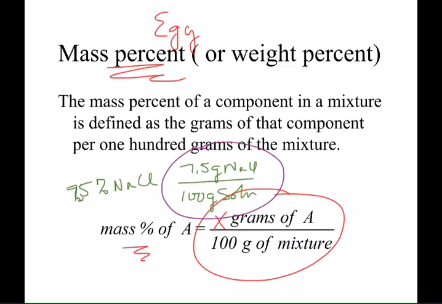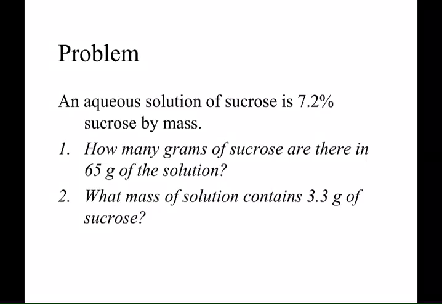If you look at the units, you can see what you can go back and forth between. You can go from grams of NaCl to grams of solution, or from grams of solution to grams of NaCl. So the units of your property can tell you what you can use it as a conversion factor for. Let's go ahead and work a problem.